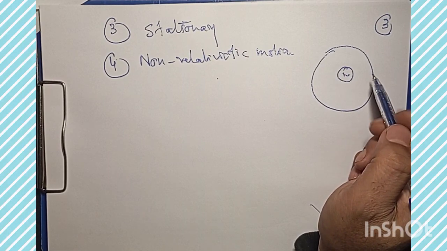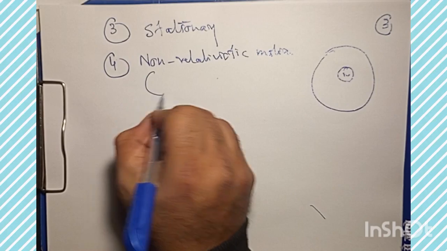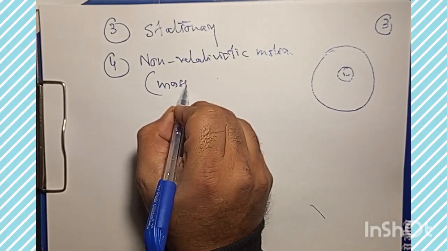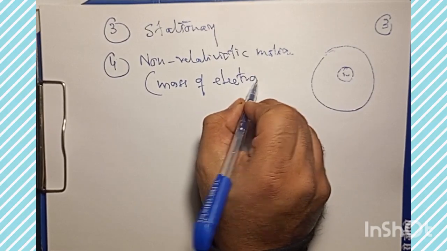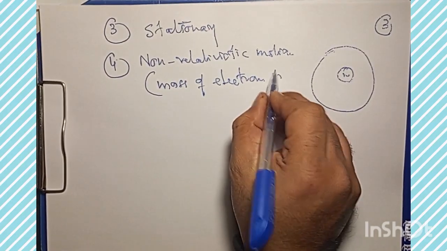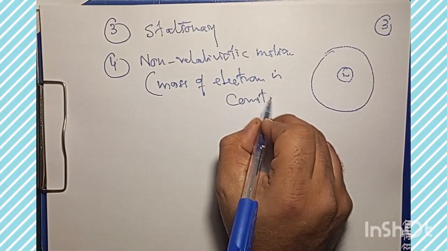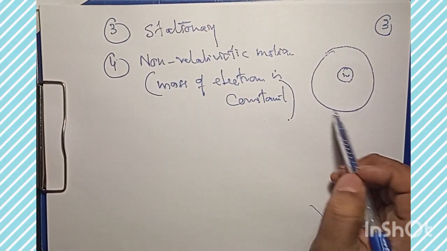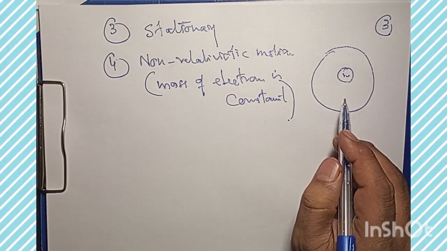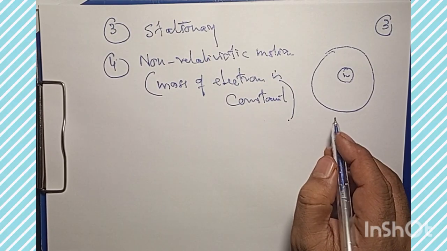So the mass of the electron is assumed to be constant. There is no change in mass, because the electron has velocity very, very much less than that of the velocity of light.